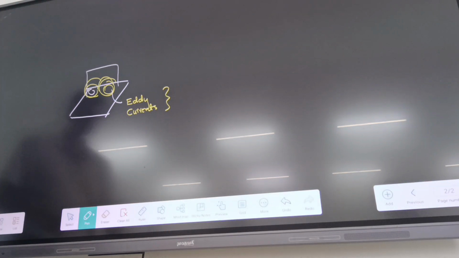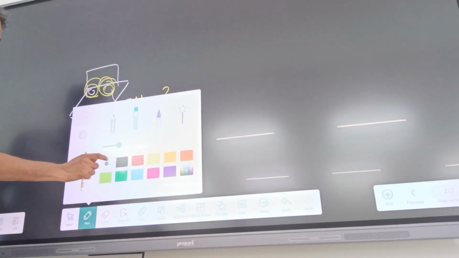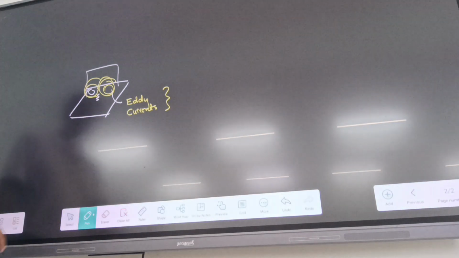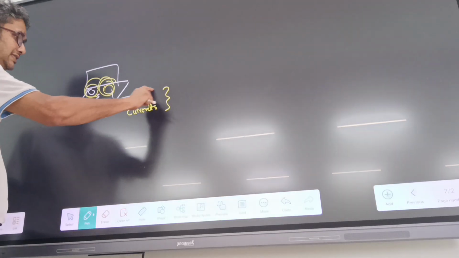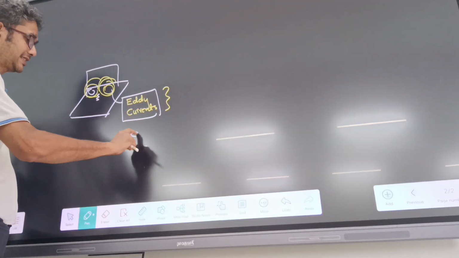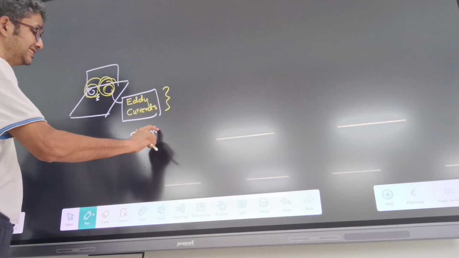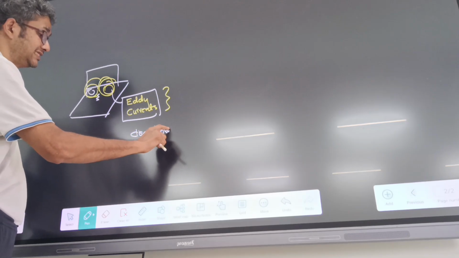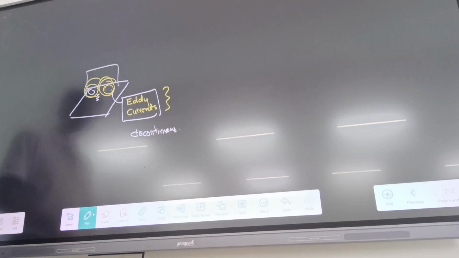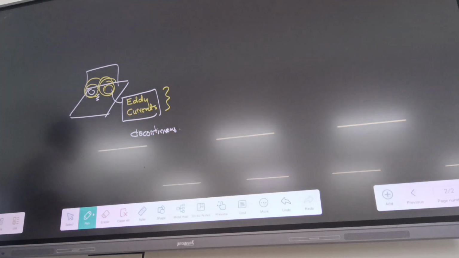So if a crack has developed here, automatically there will be a discontinuous signal of that eddy current. So you can detect that there is a discontinuity here.